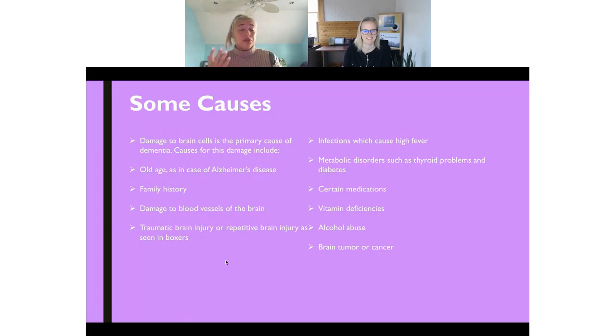But if you get into a car accident, any trauma to the brain could really affect you, especially down the line. Infections, which cause high fever, metabolic disorders such as thyroid problems and diabetes, certain medications, which is also very interesting, vitamin deficiencies, alcohol abuse, brain tumor or cancer.